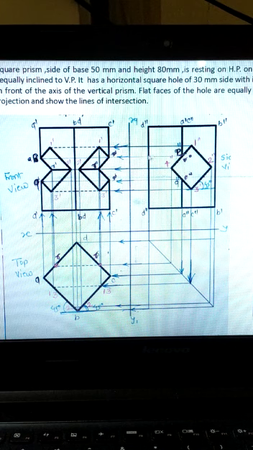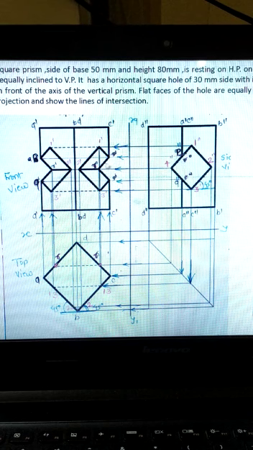Later on, this point P is nearer to the observer as compared to 4. So again draw, and here the hole is completely drilled, so we get directly visible lines 1 dash P dash and 3 dash Q dash. Same for A dash 1 dash and Q dash 3 dash.